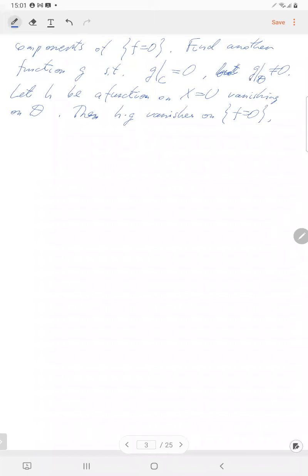And by the Nullstellensatz some power of this guy is divisible by F. F divides H times G to some power.